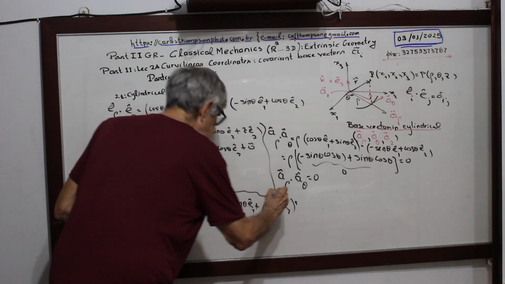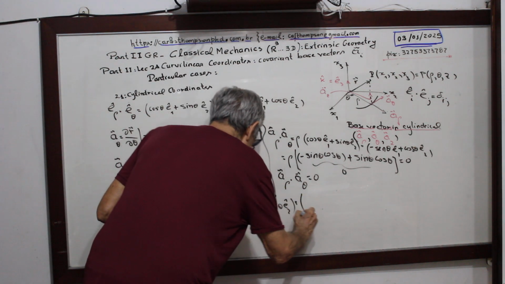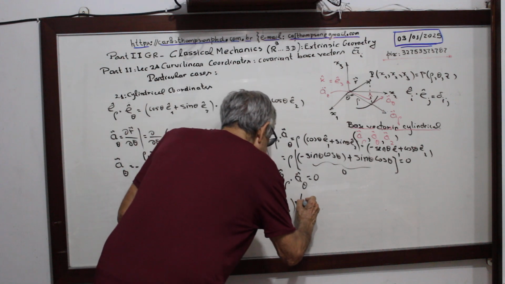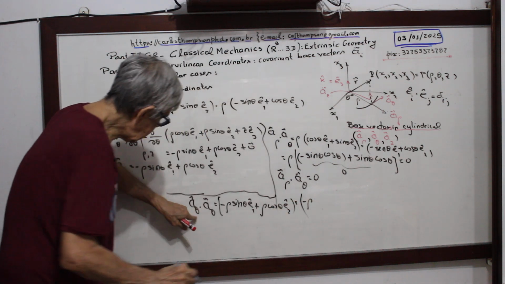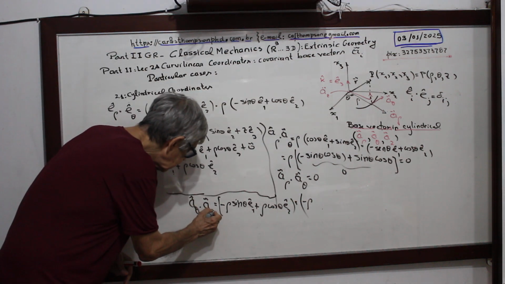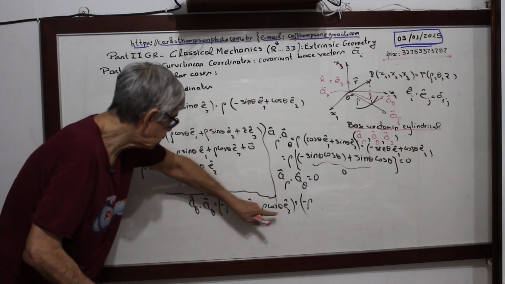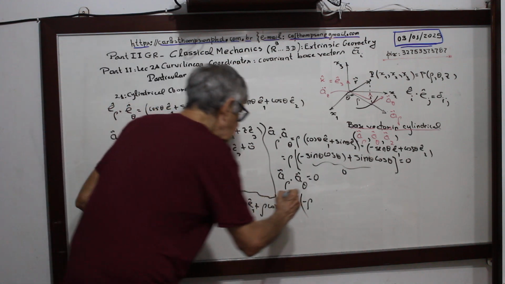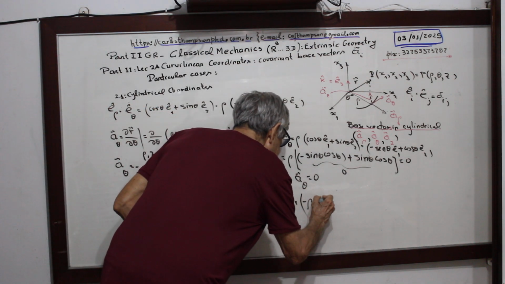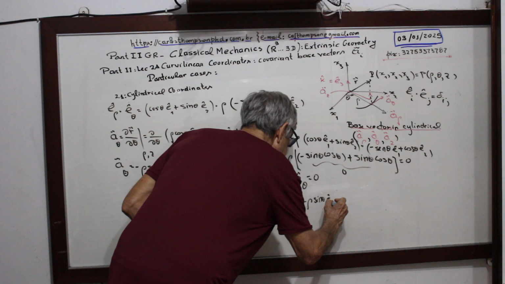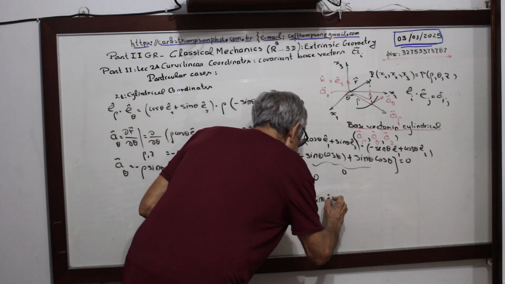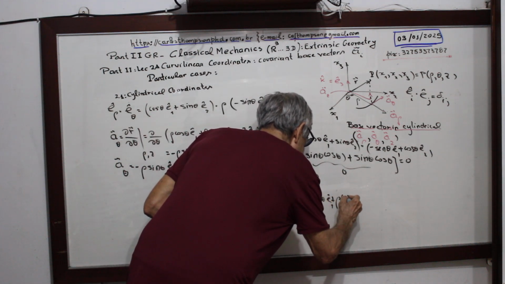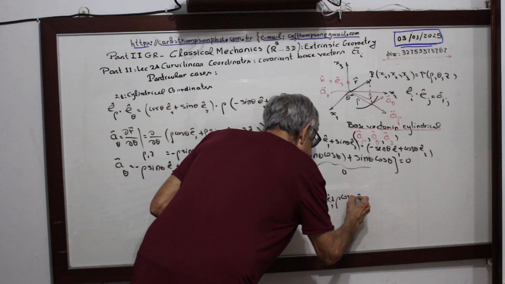Attention now, don't forget the dot. Then I repeat here, minus rho, a theta. A theta I put over here. Now I copy from this and put over there. So this rho sine theta E1 plus rho cosine theta E2.